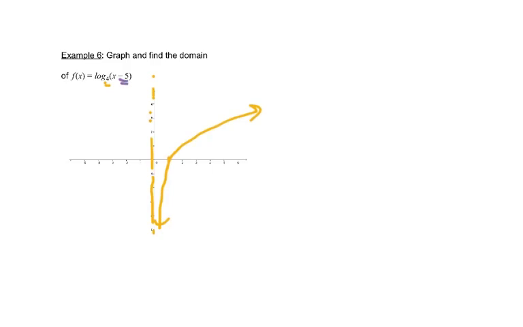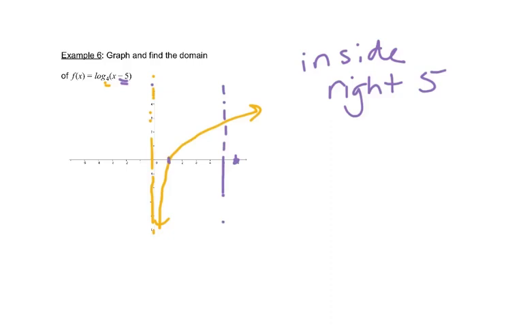But now this minus 5 is inside the parentheses, which tells us that we're going to move that graph right 5. So what was here is going to get moved right 5 and goes here. That vertical asymptote was on 0, it gets moved to 5. So it's like having a wall on the left-hand side of the graph. That wall has to get moved with that graph. So then it will come up through here, and that purple graph is our final graph.